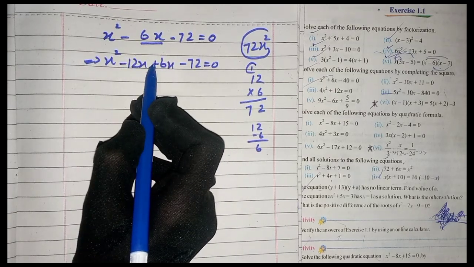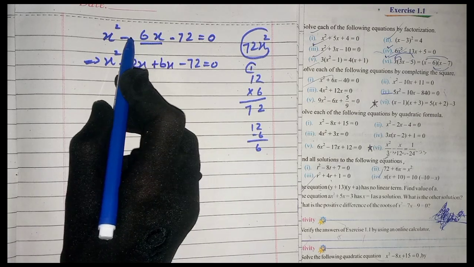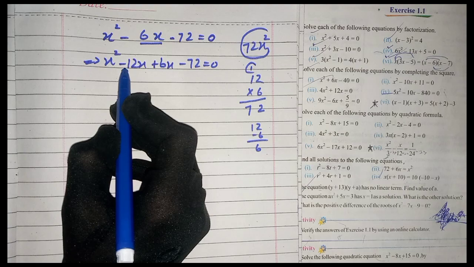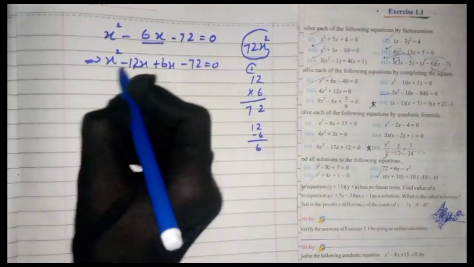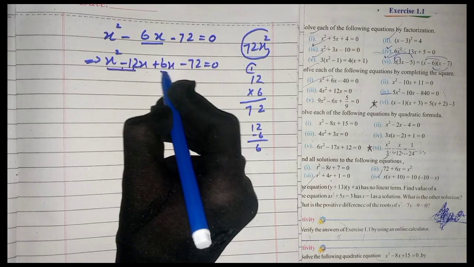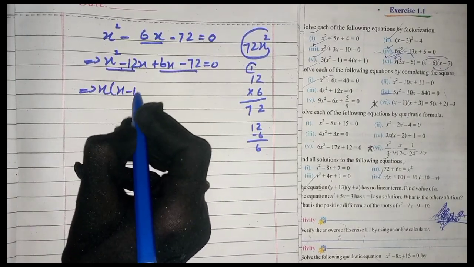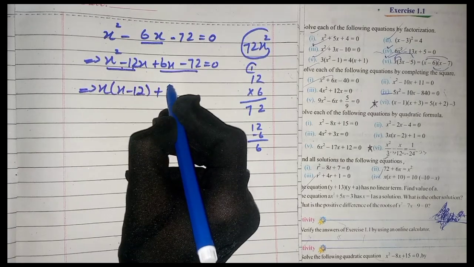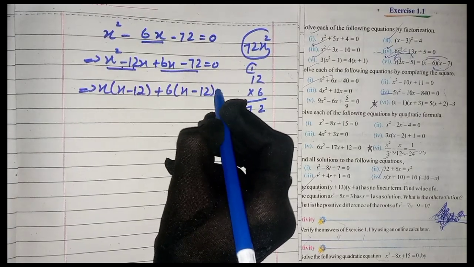The sign must be minus because the greater number has minus sign, and 12 sixes are 72. We take common from two terms. Here x is common: x minus 12, plus 6 common: x minus 12.